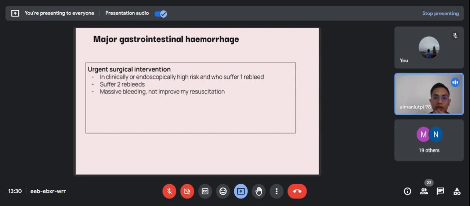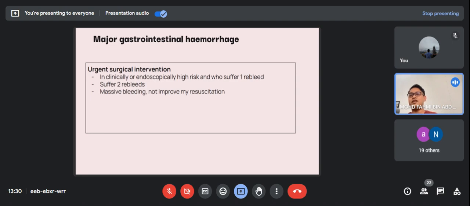So it is urgent in clinically or endoscopically high-risk patients who suffer one rebleed, or any two rebleeds, or any massive bleeding which does not improve with resuscitation.